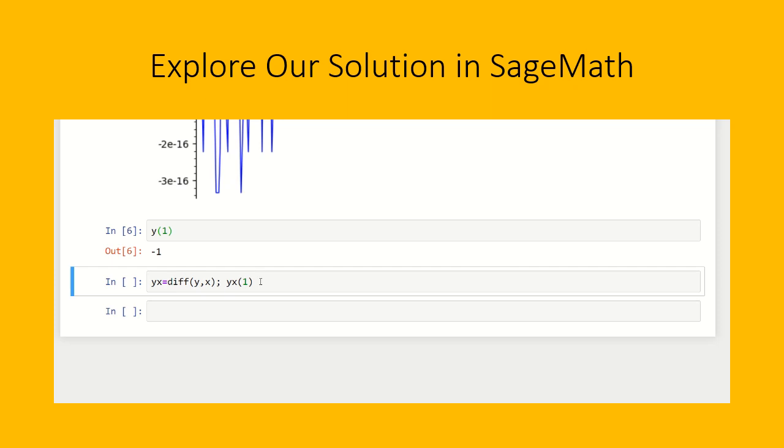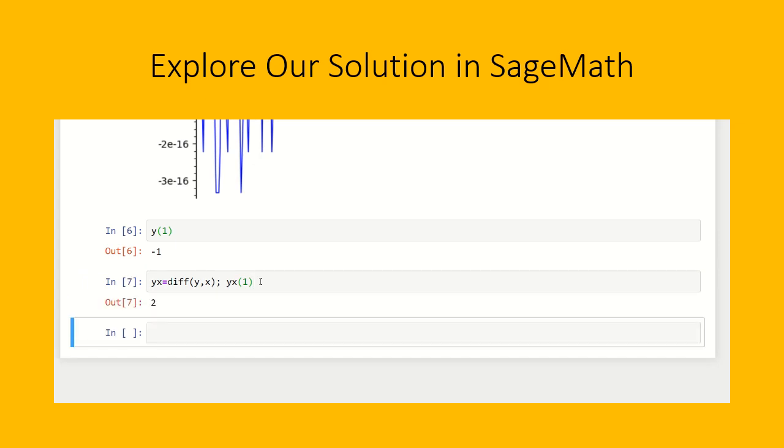That should be equal to 2. So let's see what happens here. And we get 2. So this function y of x that we found seems to satisfy our differential equation and the initial conditions.